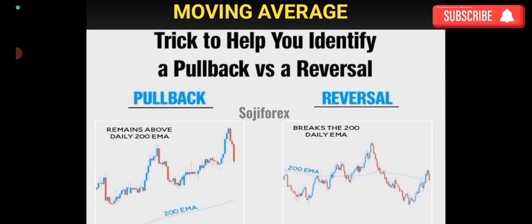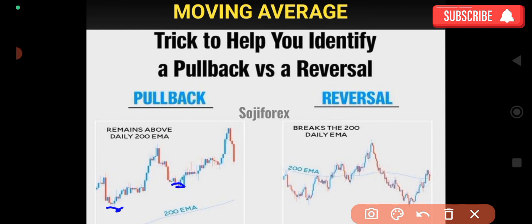The first method is by using two lows and connecting a trend line. When you see price moving in this way, you have your first low here and your second low here.